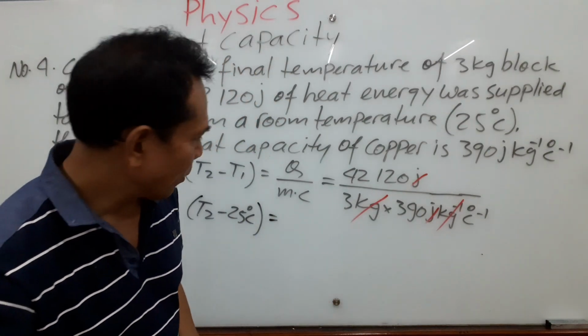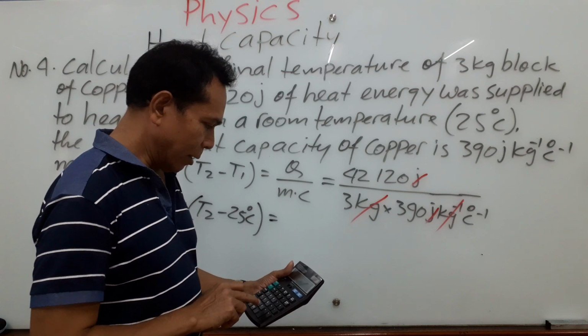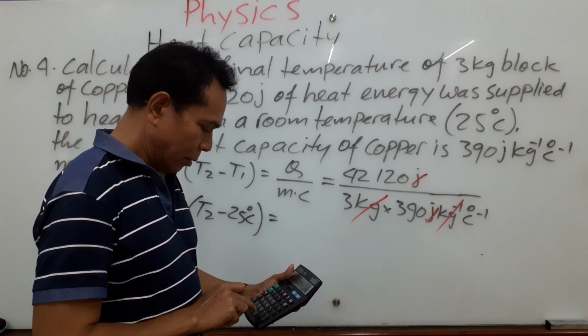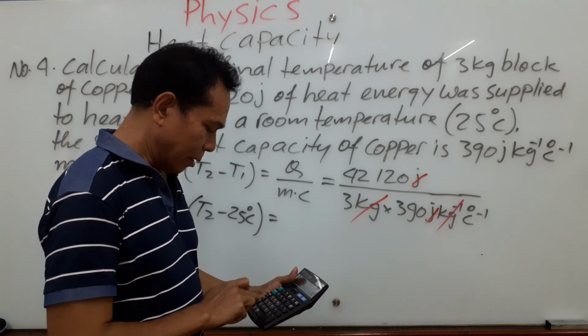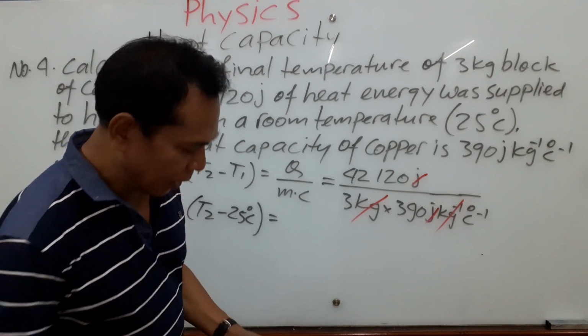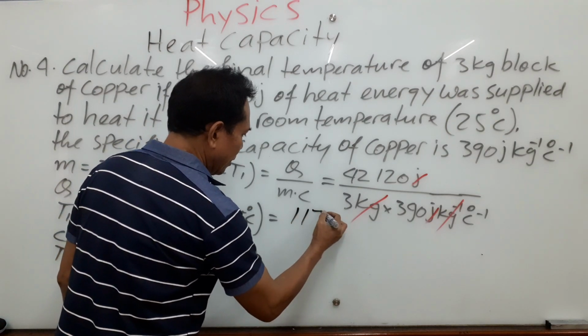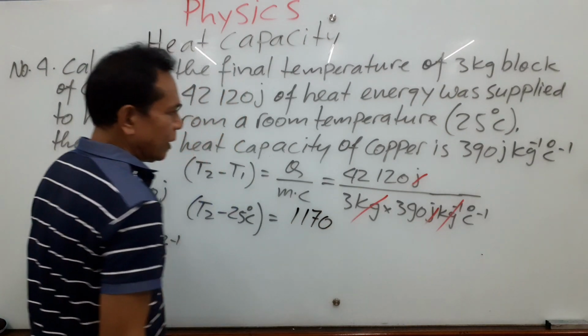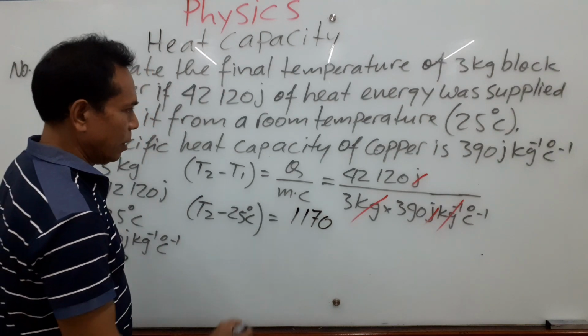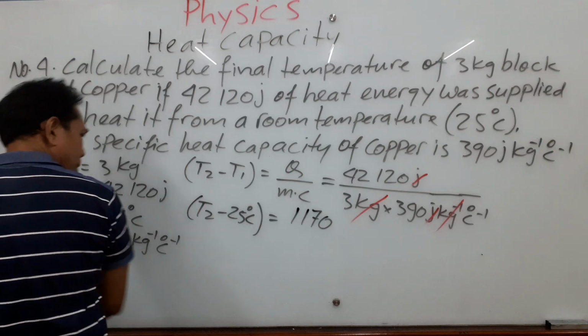Now we can multiply this number. So we use our calculator to make it faster. So 3 times 390. We get 1,170. Oh, sorry, that's the denominator.